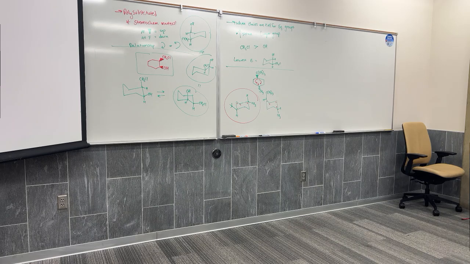And then the cis, we're going to talk about this in a second. It says they're both wedged or they're both dashed. Oh, so it's not symmetric. They're both up. Right. Doesn't matter. Both are correct.